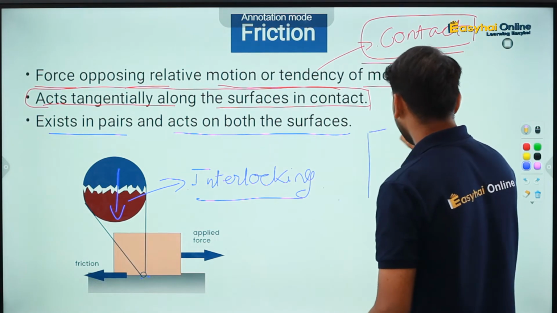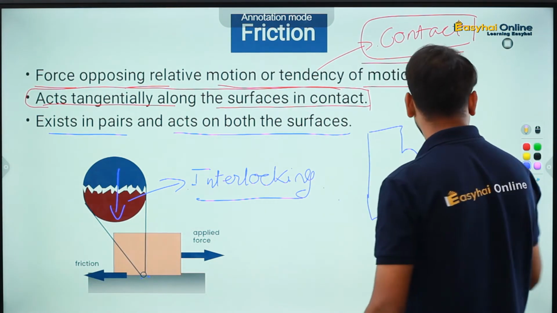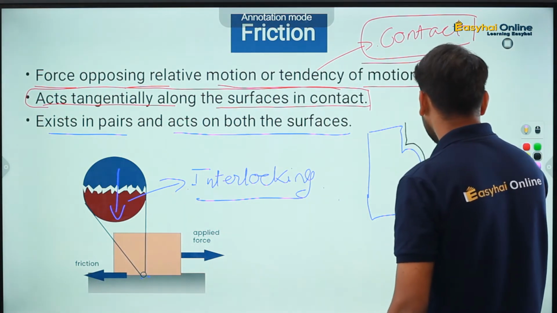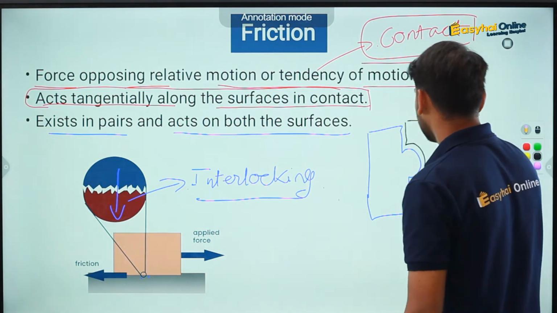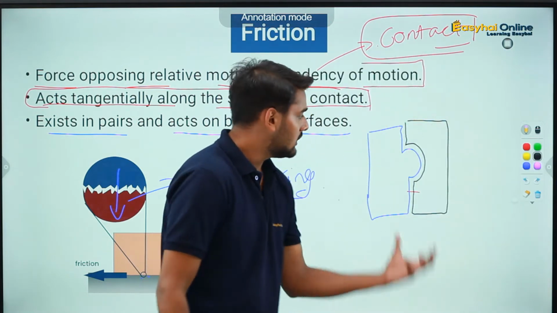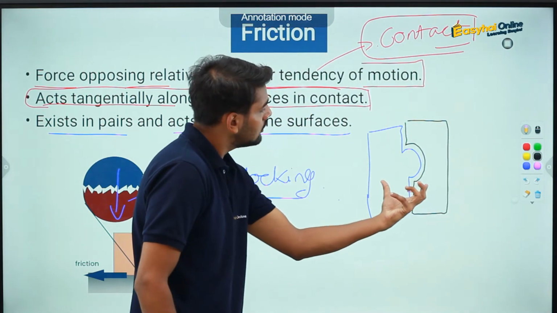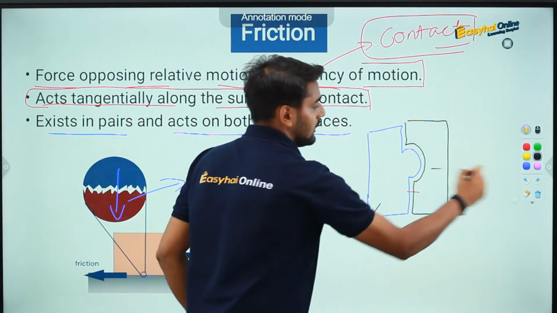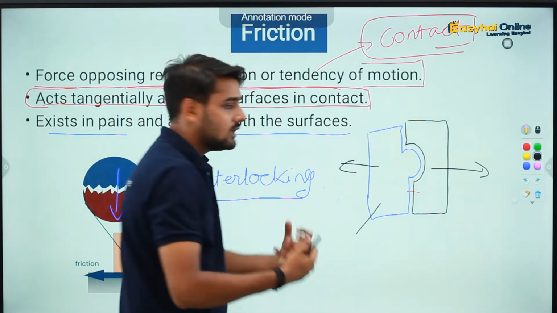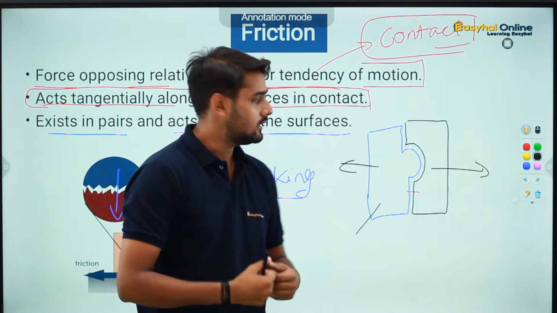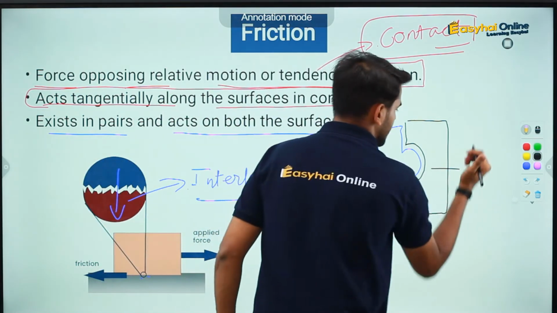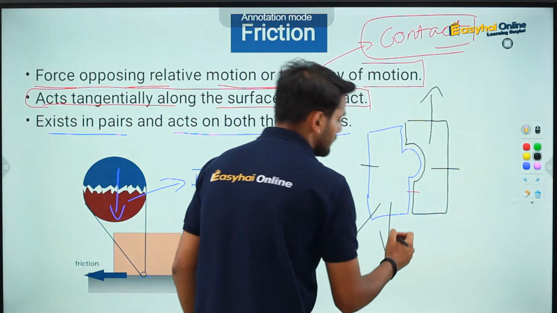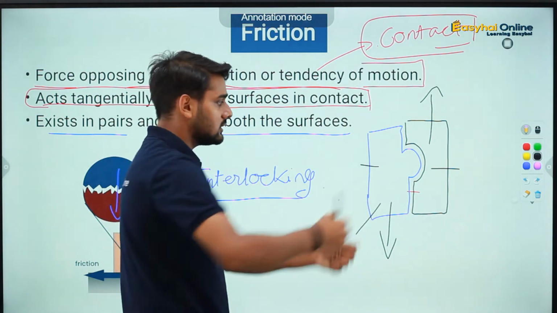If I have one part of the jigsaw puzzle like this and the other part is like this, attached to it, and I want to pull these two objects apart by applying a force in this direction and this direction, it's very easy to pull them apart. But let's say I apply a force in the upward direction on this one and in the downward direction on this one, so I'm trying to pull this apart in this way.